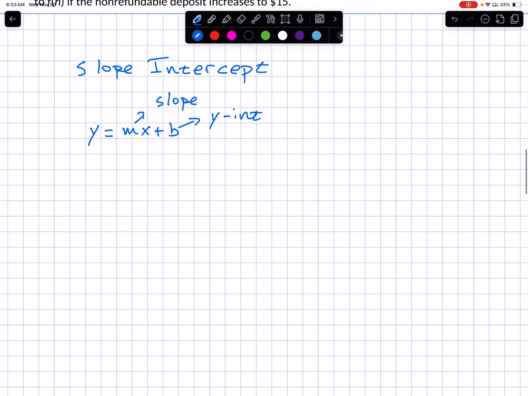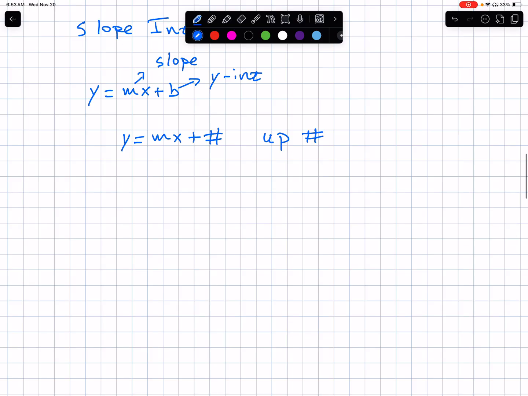Okay, so if we have y equals mx plus a number, that moves the graph up, whatever that number is. If we have y equals mx minus a number, then that moves the graph down, whatever that number is.